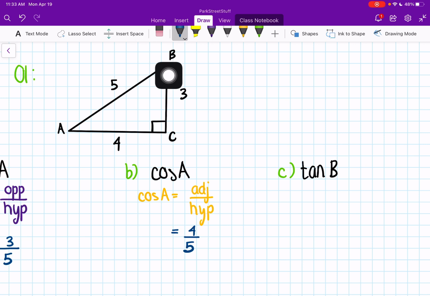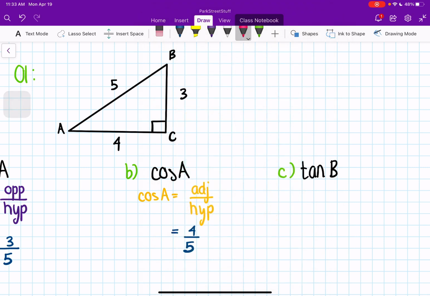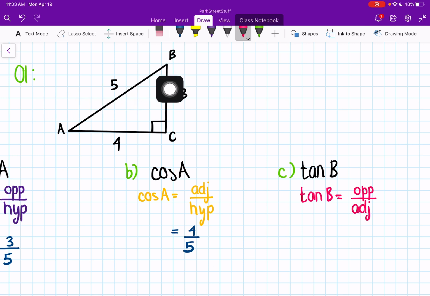Okay, now we're going to slide over here and look at this one. So now we're looking at B and we want tan of B. So if we remember SOHCAHTOA, tan is opposite over adjacent. And if I look there at my angle B, the opposite to B is 4 and its adjacent is 3.